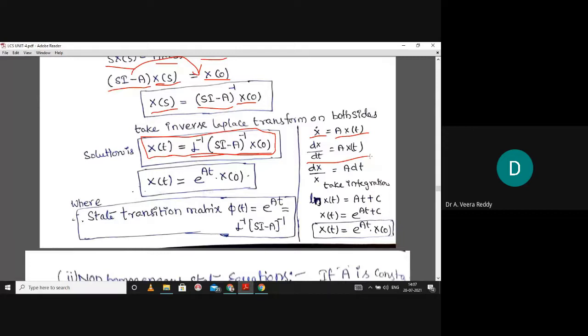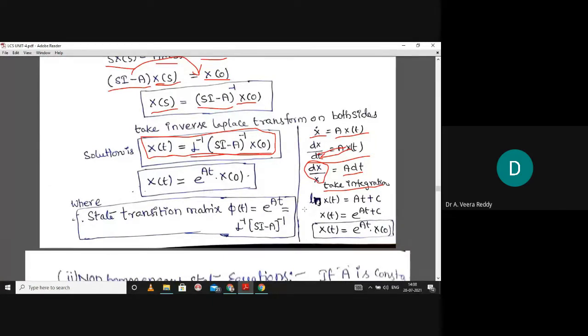Just bring x of t to this side and dt to the other side, cross multiplying the terms. So dx by x is equal to A dt. Take integration on both sides.